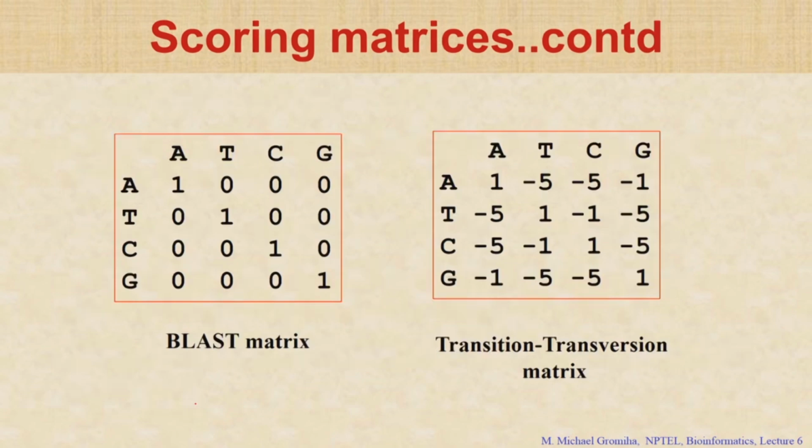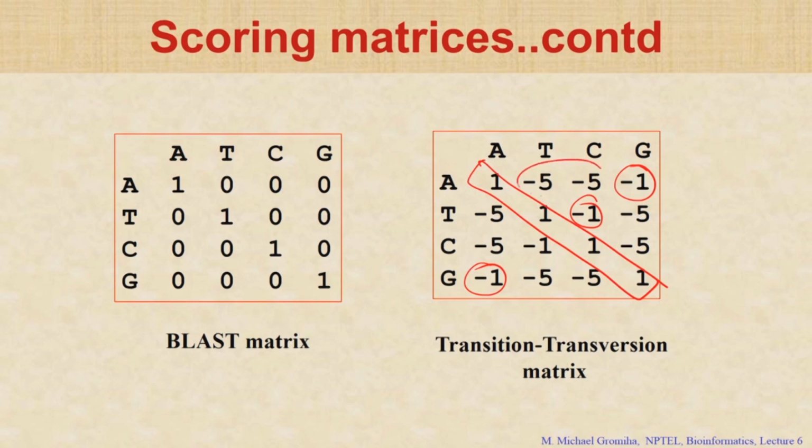Okay, now these are matrices. Here these are the 4 nucleotides, ATCG. Earlier we used 1 1 1 1. Now we change it: if it is a match, we put 1. If it is purine to purine or pyrimidine to pyrimidine, we give minus 1. If it is the other way around, purine to pyrimidine or pyrimidine to purine, we give minus 5.